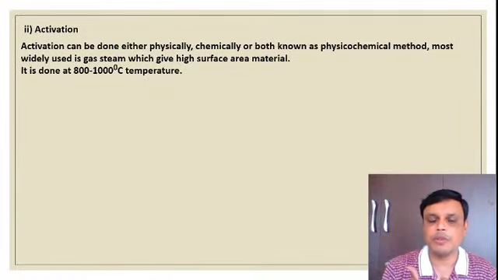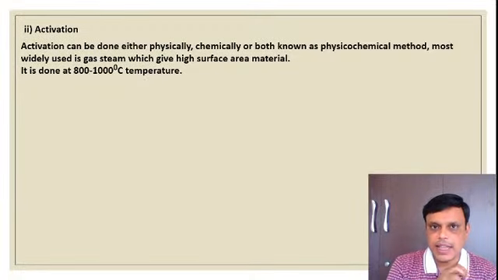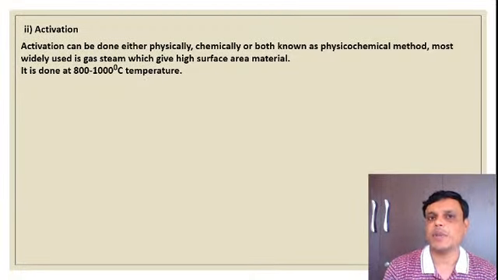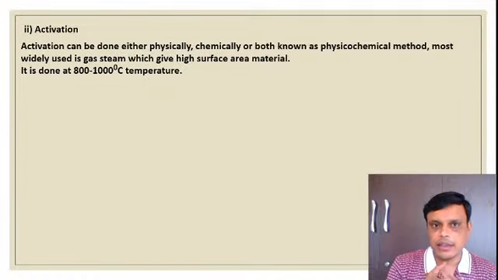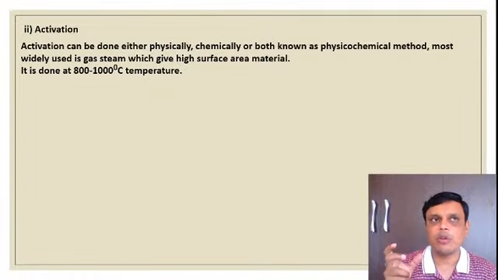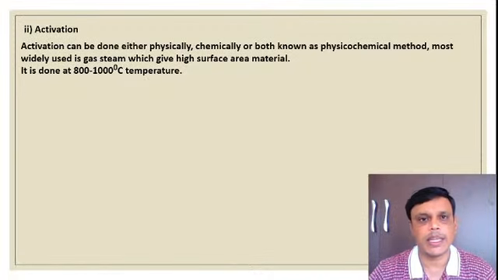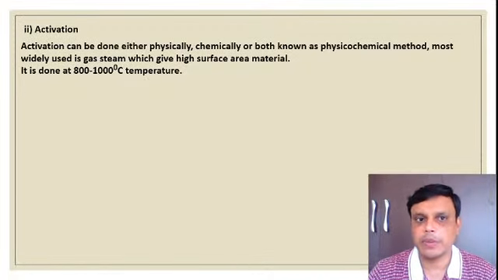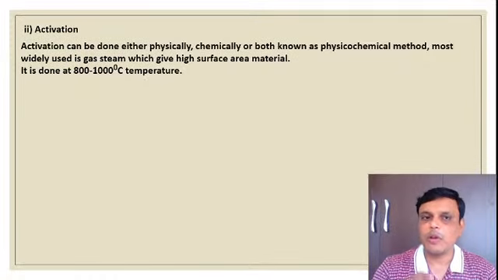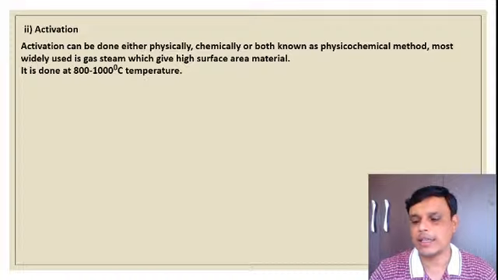For example, if you use a gas at very high temperature and pass that gas through the carbonaceous material, what happens? Pores develop: micropores and macropores form, and due to the use of gas, the activated carbon has very high surface area.